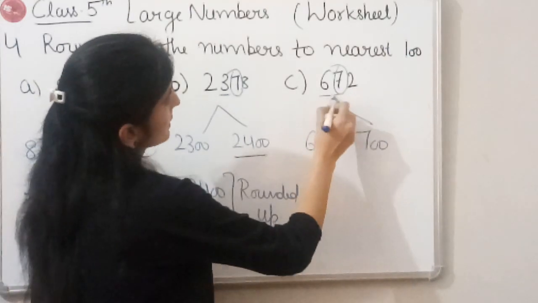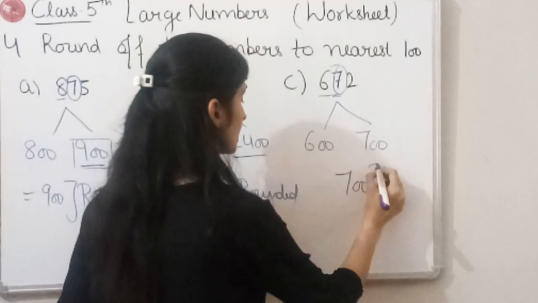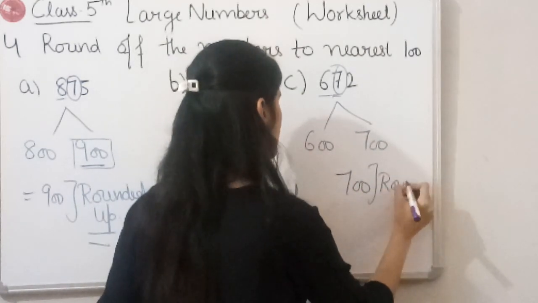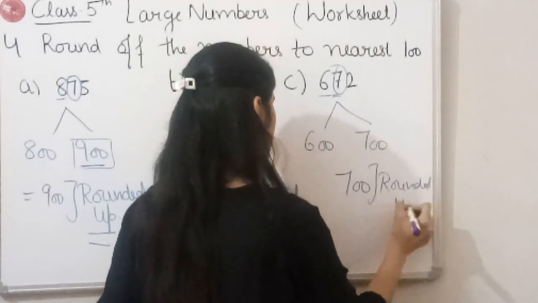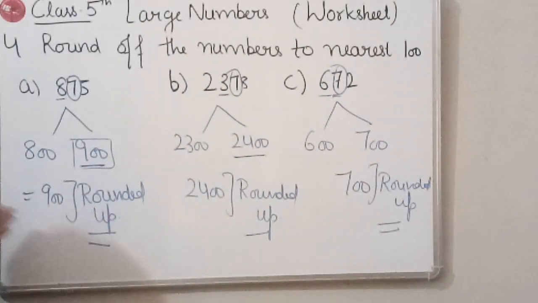This 7 is greater than 5. So again it will be rounded up to 700. So that is how you have to round off the numbers to nearest 100. This was the solution of question number 4.